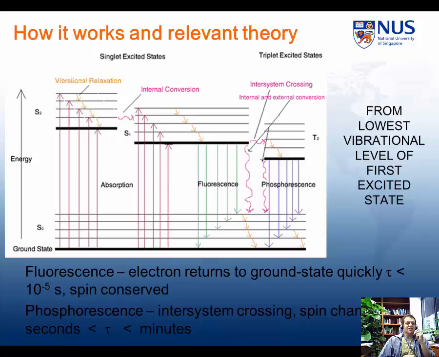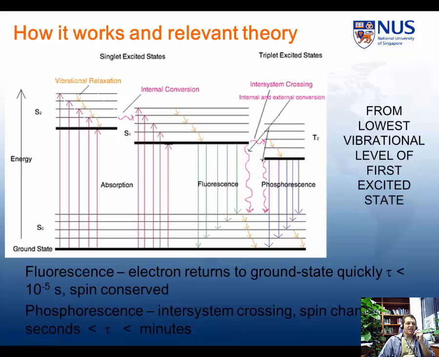In those cases, effectively you get a change of spin, so you now have a triplet state, not a singlet state. There is then more cascading down, and then from the lowest vibrational level of the excited state, you then get emission, and this time it's called phosphorescence.